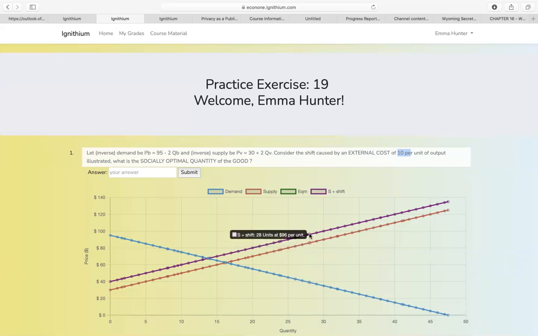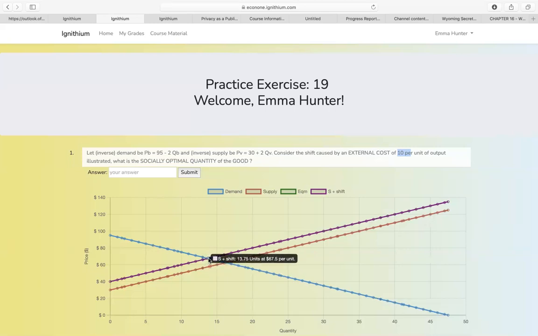So the social costs of production include not just the costs that the producers bear, but also the costs that are borne by other members of society. If we add all the costs together, the private costs of the supplier plus these external costs, we get this true social cost curve. And we see that there's a place where the true social cost curve crosses the demand curve. We call that our socially optimal quantity of the good.